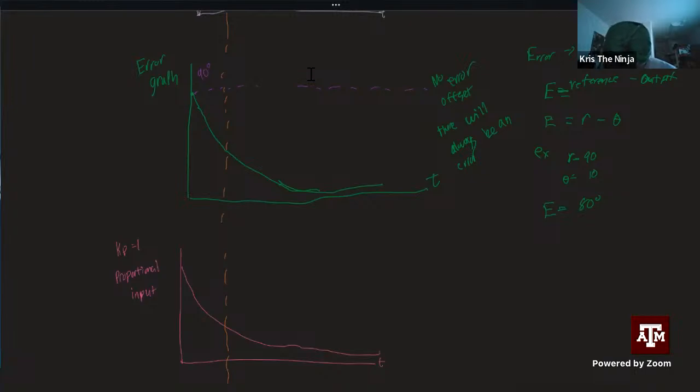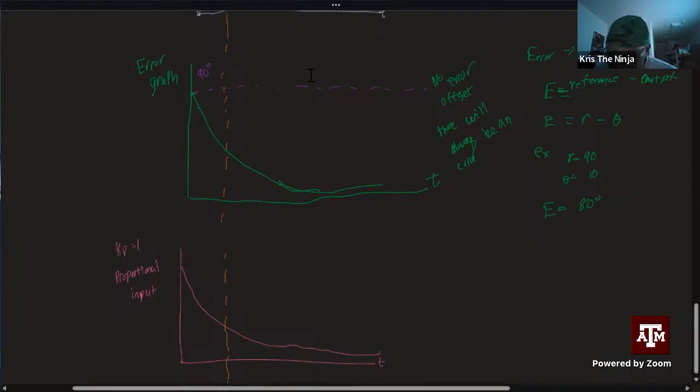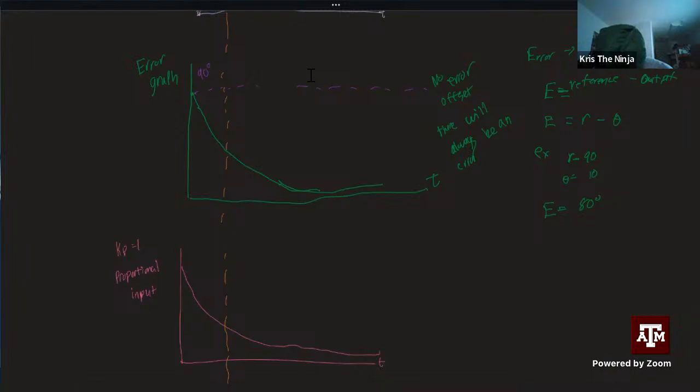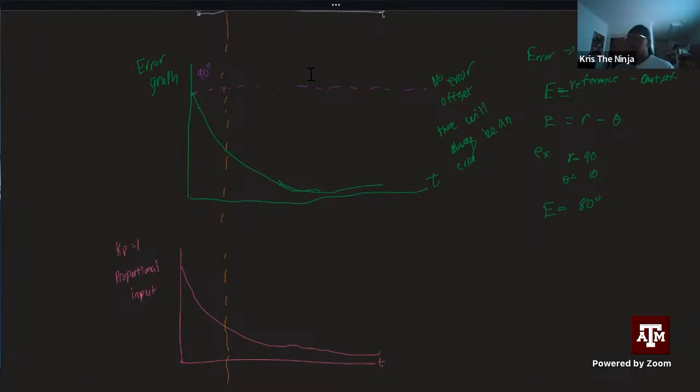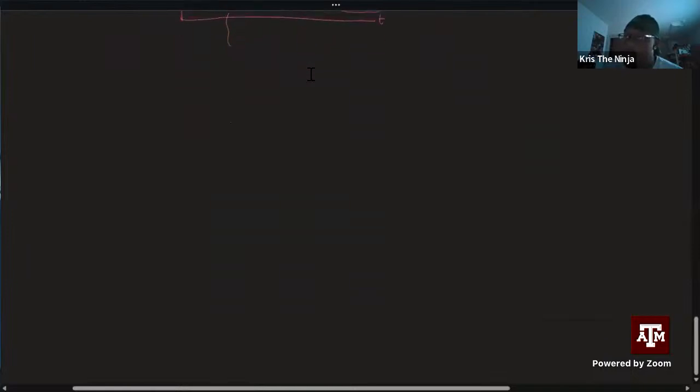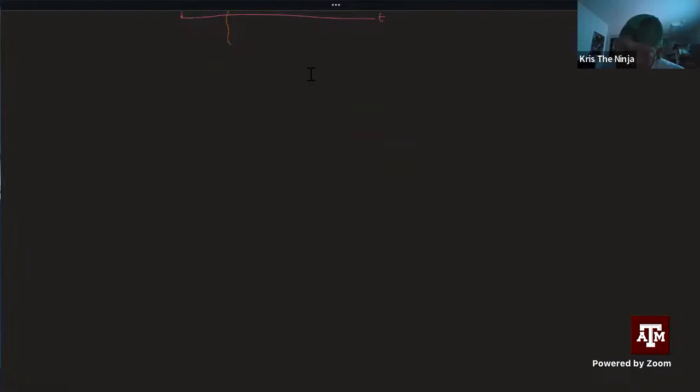So let's say that KP equals 10. Well, not even that KP equals 10. Let's say that the KP value or the reference value looks really weird. So say KP equals 100.